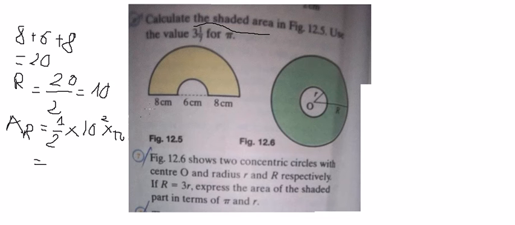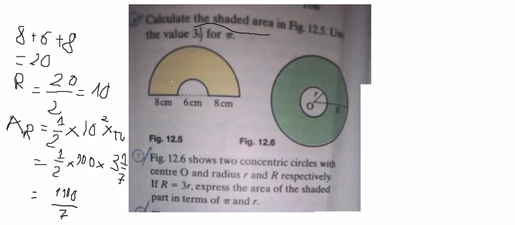We know that pi is about 3 and 1/7. This is 100. This is about 3 and 1/7. So you got 1100/7.